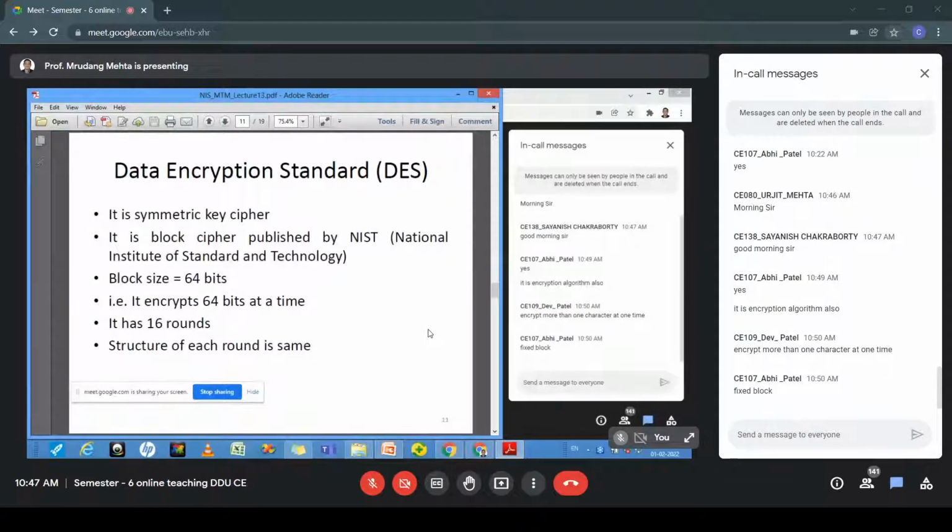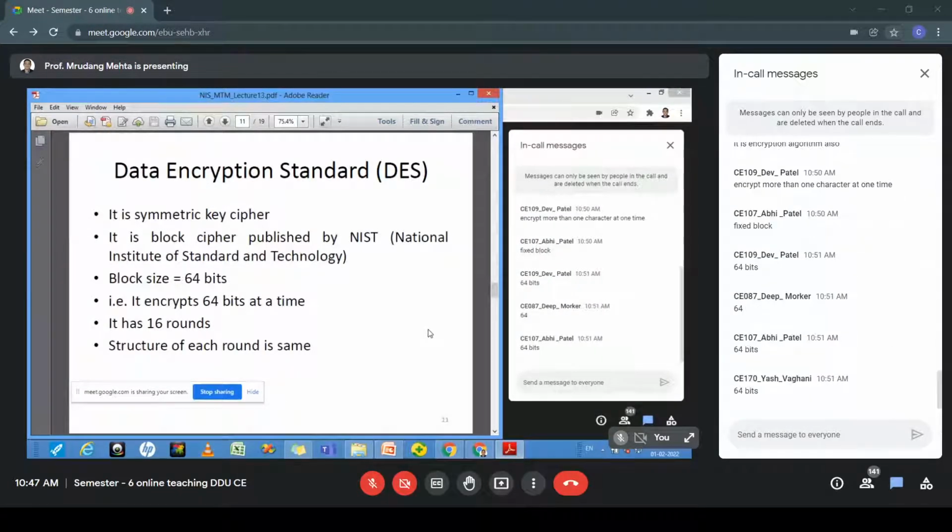In this DES, what is the size of the block? 64-bit, yes, it is given on the slide. So the block size is 64, it means it encrypts 64 bits at a time.